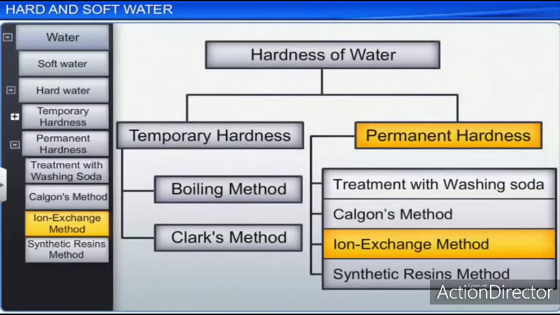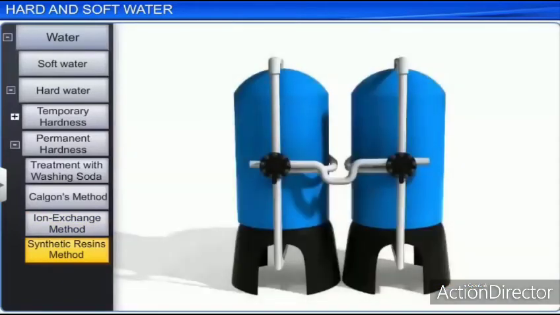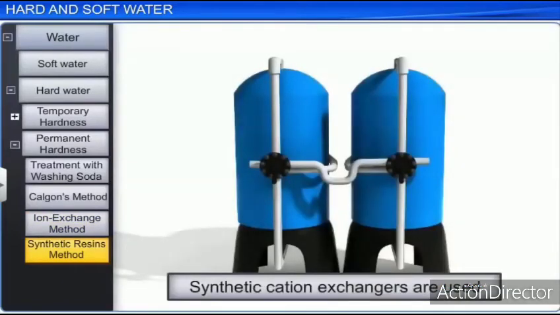The fourth method of removing permanent hardness is the synthetic resins method. In this method, synthetic cation exchangers are used. This method is more efficient than the zeolite method.